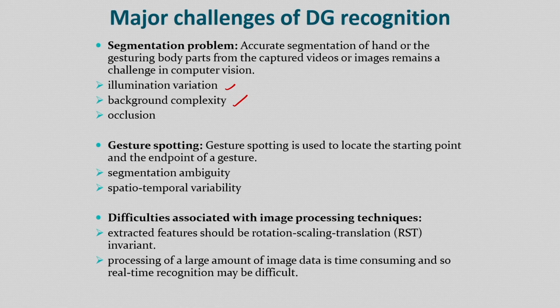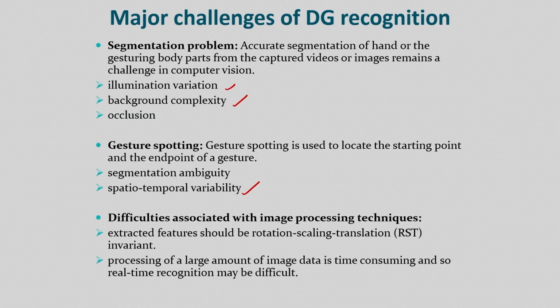Another one is gesture spotting. That means we have to consider spatio-temporal variations. If I consider a continuous gesture, we have to find the starting point and the ending point of this particular gesture. That is called gesture spotting. And also the difficulties associated with image processing techniques.